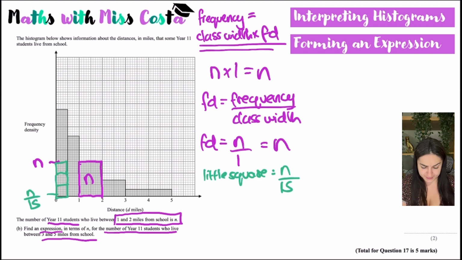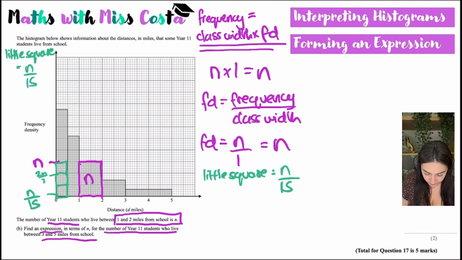I could also have split it into like, this must be 2/3 n, this must be n over 3. But what I'm interested in is the tiny little squares. So it's always just best to go for the little squares because then you can work backwards from there.